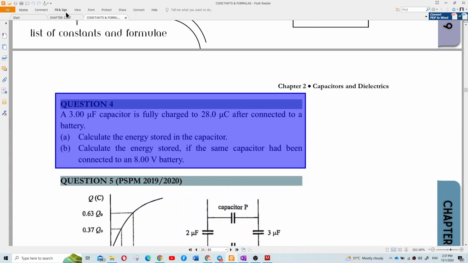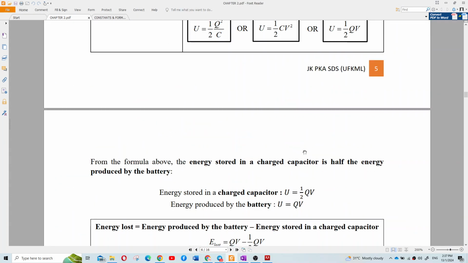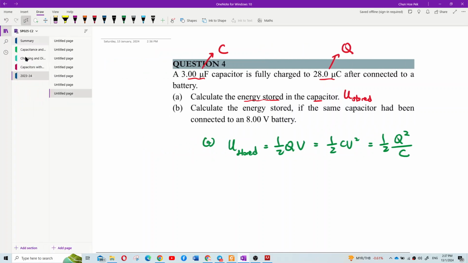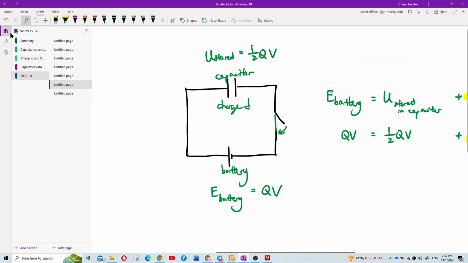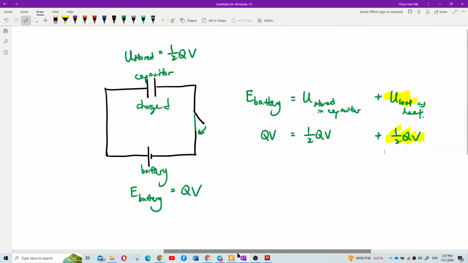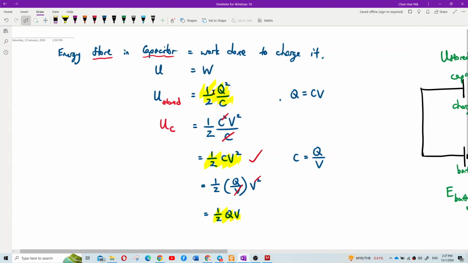Remember these notes. I also derived it for you to see. Half Q squared over C, half CV squared, half QV.